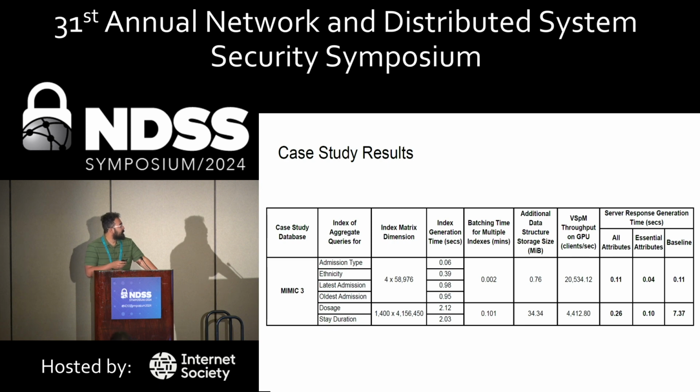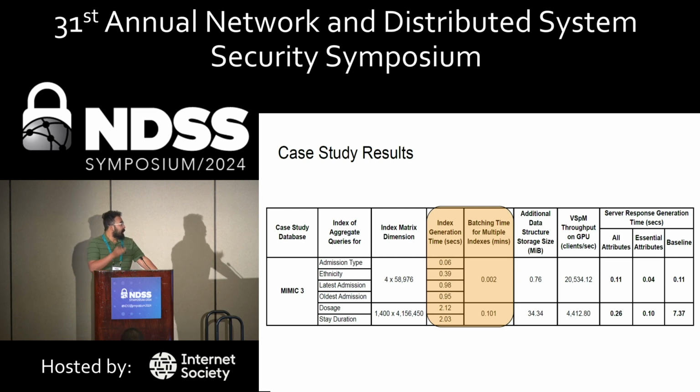but I will bring up the case study results for our medical data set based on Mimic3 to highlight a few key features of our protocol. The first thing to note here is that in case of a real-world deployment of our protocol, the index generation and the batching of the multiple indexes are going to be only one-time efforts, and so these steps are not required to be performed every time you run the same query.